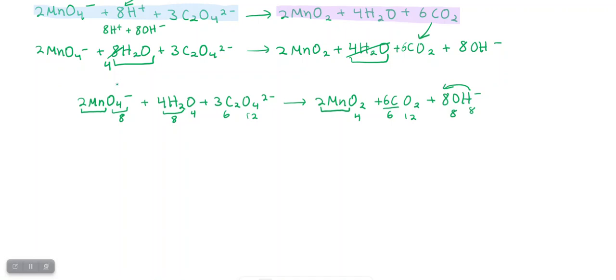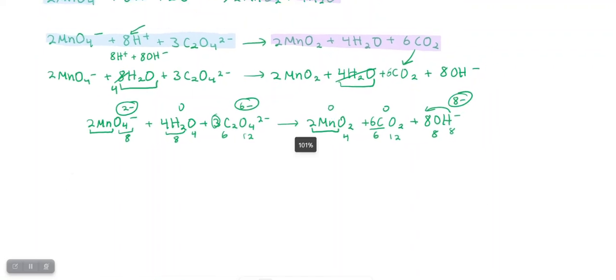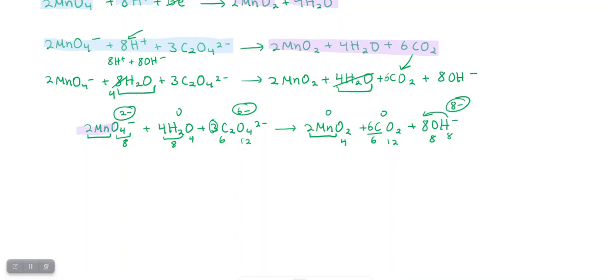So here we have 2-, 0, 6-, because of the coefficient. This is 0, 0, and then 8-. So then when we add these together, 2- plus 6- is going to be 8-, which equals the charge over here. And that's our final equation done.